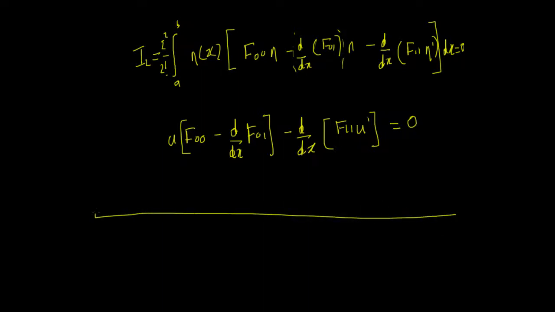Now, in this video, we're going to look at the Legendre test for weak extremum. Now, I've not talked about strong and weak variations, but I'll go on and talk about that in a different video.